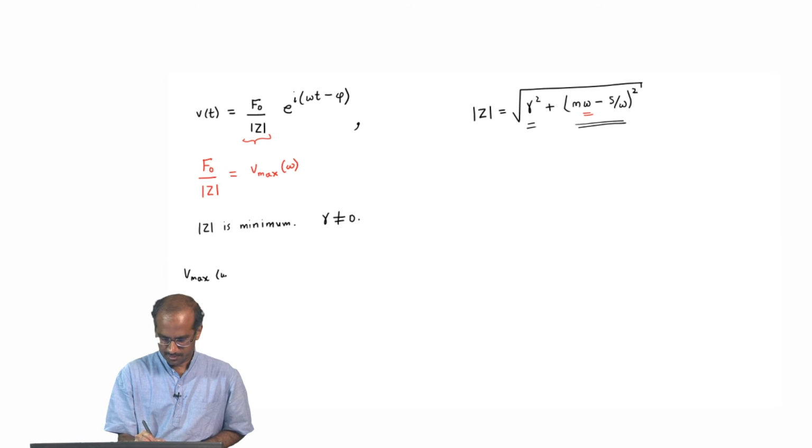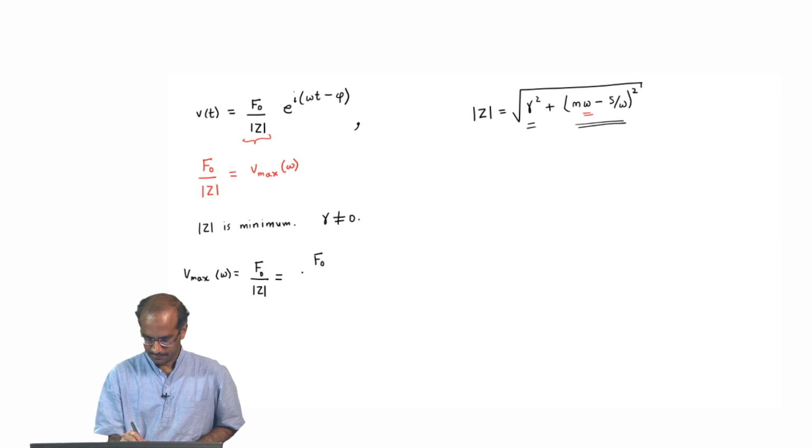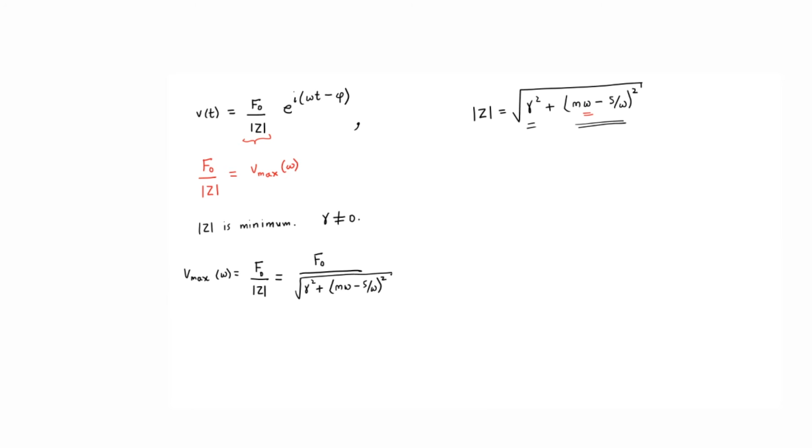So, V max as a function of omega is f 0 by mod z, which will be equal to f 0 divided by square root of gamma square plus m omega minus s by omega whole square. And this, by a small rearrangement, I can rewrite it as f 0 divided by square root of gamma square plus, take m square by omega square out, in which case you will get omega square minus s by m whole square.